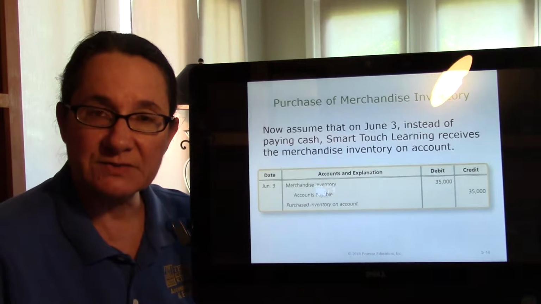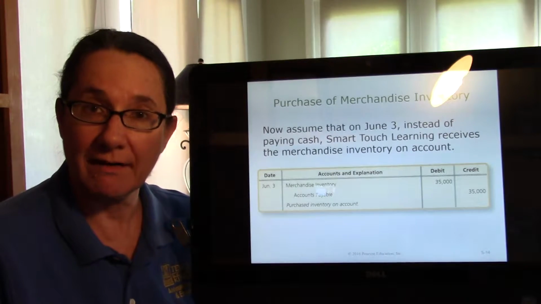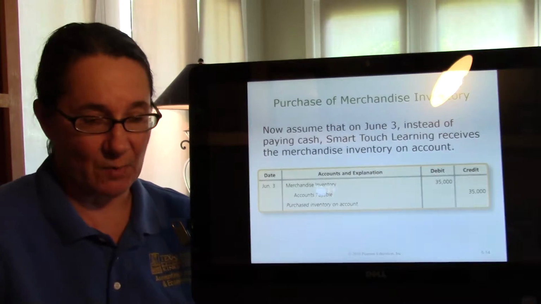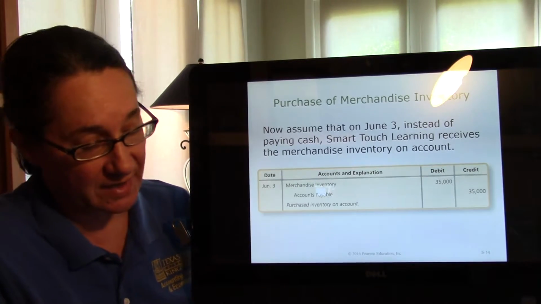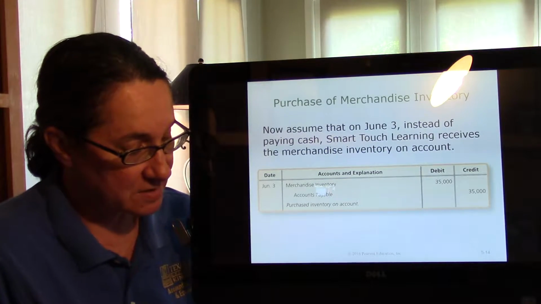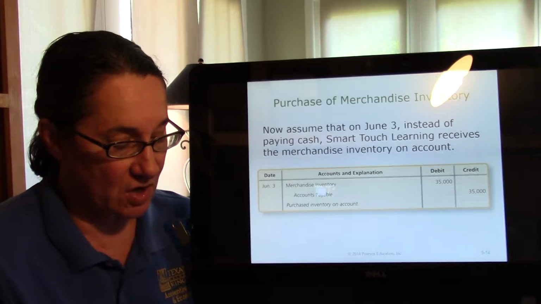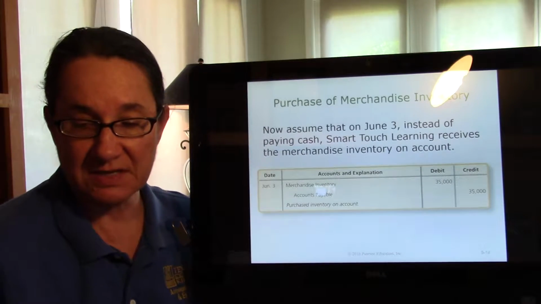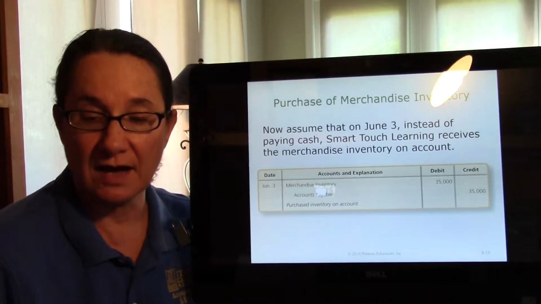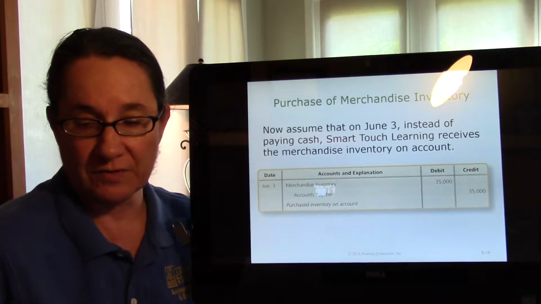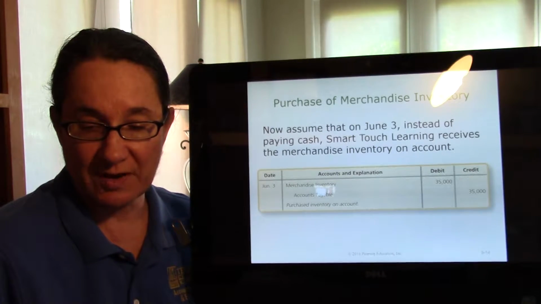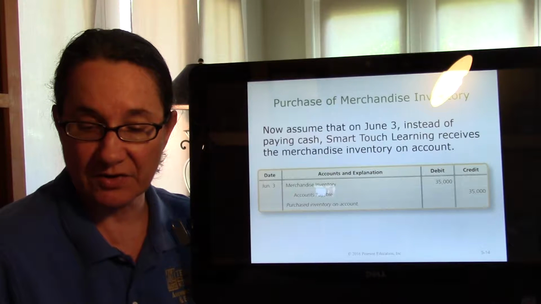We don't always pay cash for everything. Sometimes we buy stuff on account. Still works the same way. You're either paying cash or you get an accounts payable if you don't. So if the transaction is on account, then SmartTouch Learning will record a credit to accounts payable for $35,000. At this point, we have not accounted for the purchase discount terms.